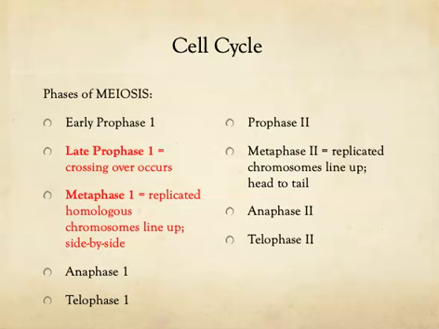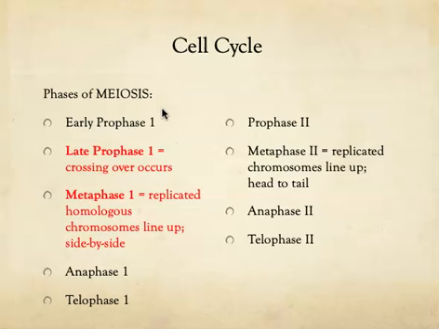Another noticeable difference is that prophase, at least in the first meiotic division, has been broken into an early and a late half. In mitosis, remember, there's only one prophase.